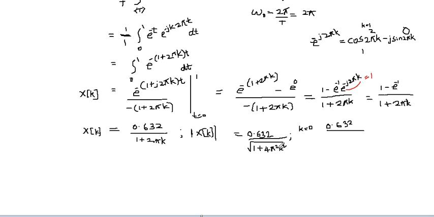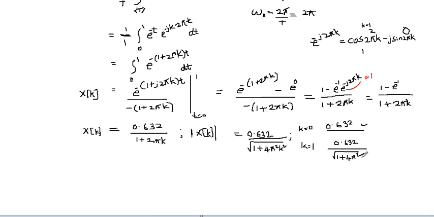When k is 0, this term goes to 0, so it will be 0.632 itself. When k is 1, this becomes 0.632 divided by root of 1 plus 4 pi square.